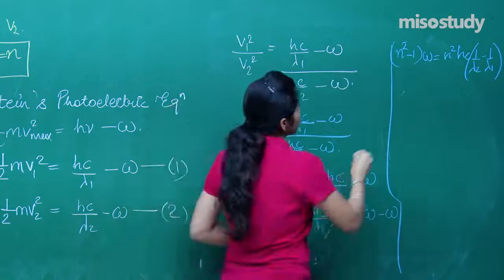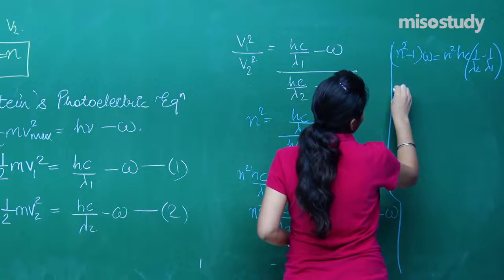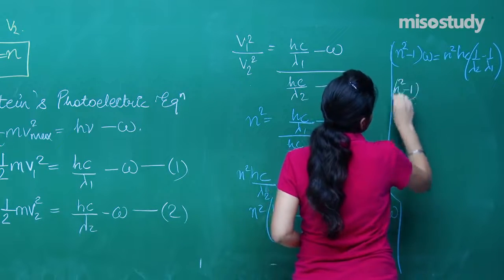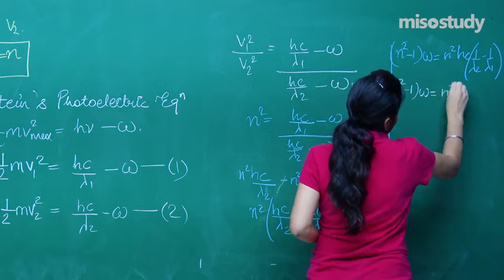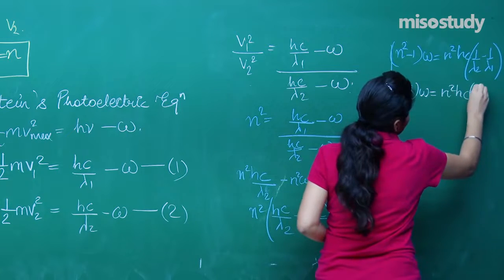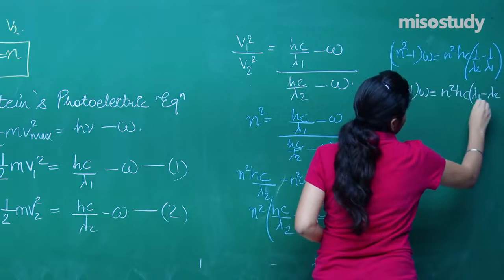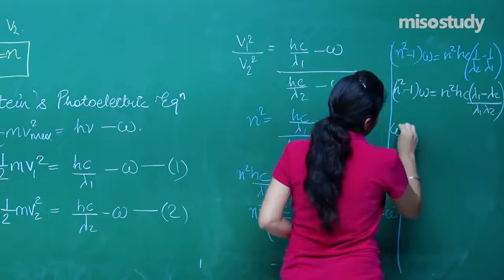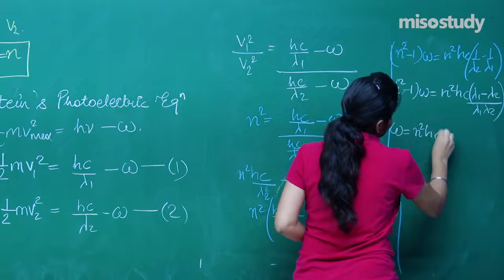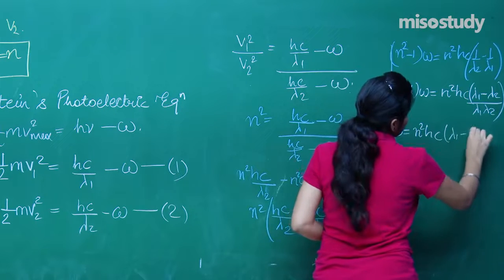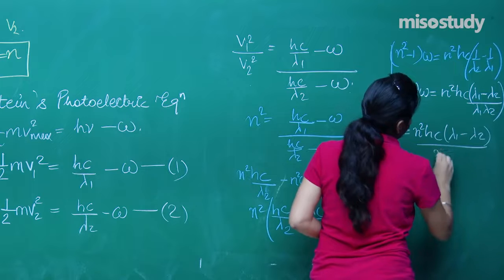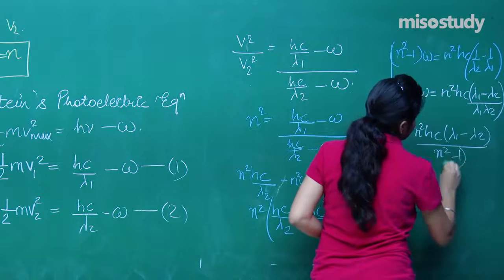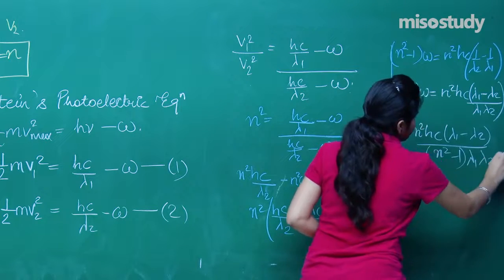Now you can take out the value of W very easily. You will have n square hc into lambda 1 minus lambda 2 upon lambda 1 into lambda 2. So W from here will be n square hc into lambda 1 minus lambda 2 upon n square minus 1 into lambda 1 into lambda 2.